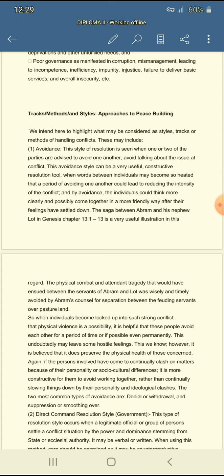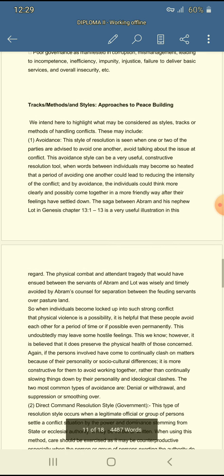We want to continue with religion, peace, conflict management. And today we want to quickly take a look at tracks, methods, styles, approaches to peace building.